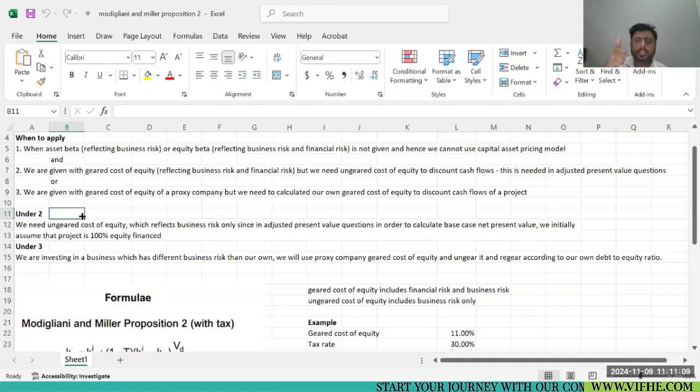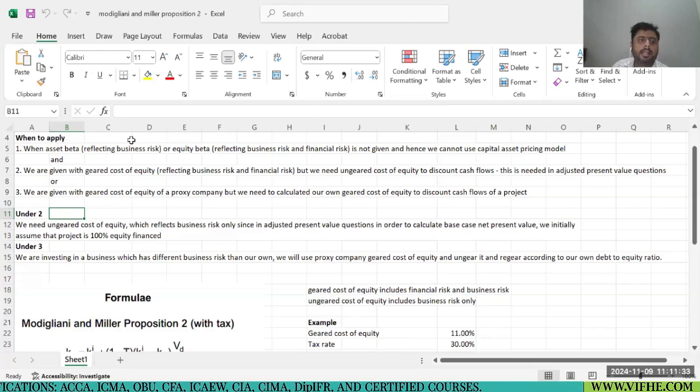So you will use the geared cost of equity of the proxy company, ungear it. Ungeared cost of equity will reflect business risk, and re-gear it using your own debt to equity ratio.